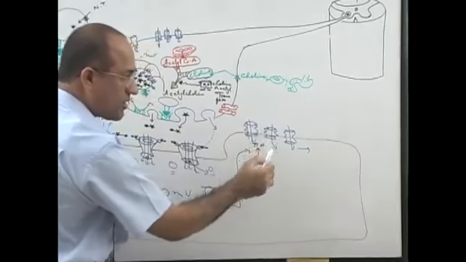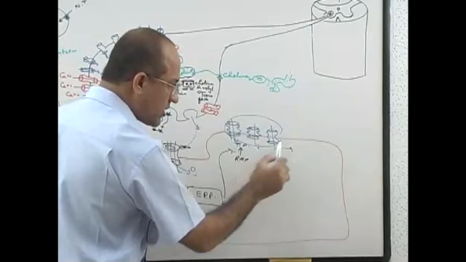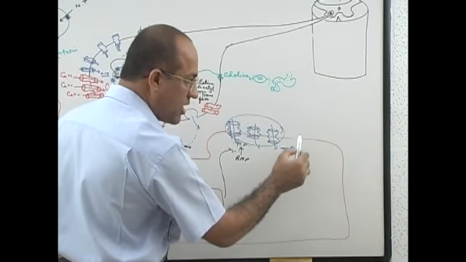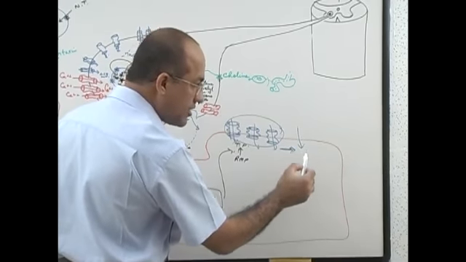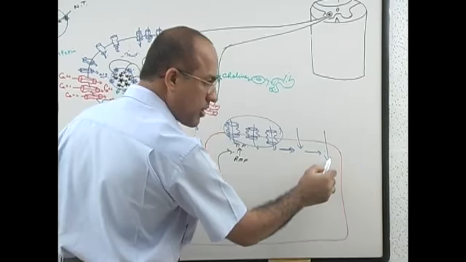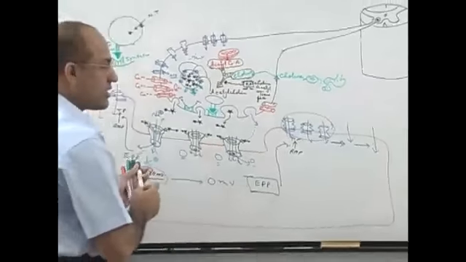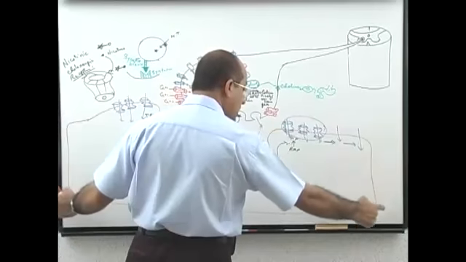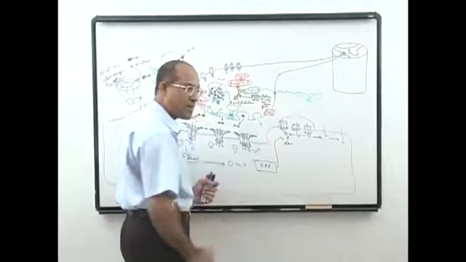Is that right? This depolarizing current will take the neighboring part of the muscle membrane to threshold, and it will undergo depolarization, and this will take the next area to threshold, and that will undergo depolarization. So a wave of depolarization will rapidly sweep over the whole muscle cell membrane.